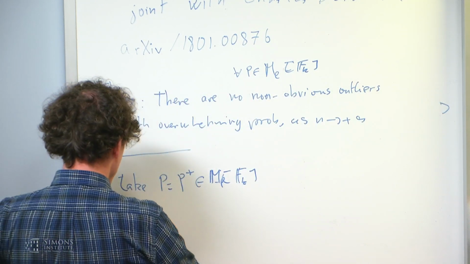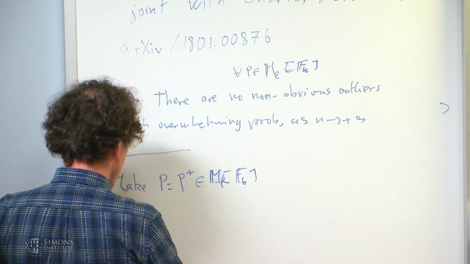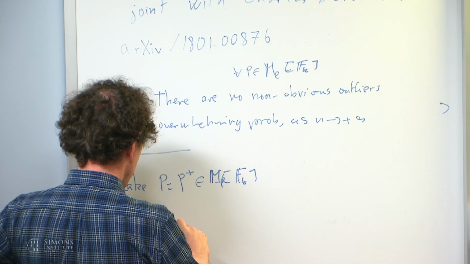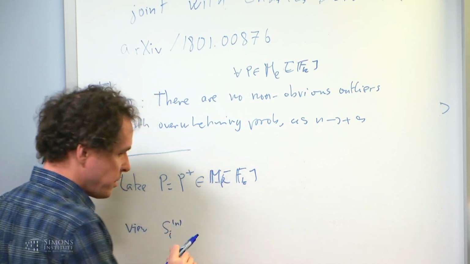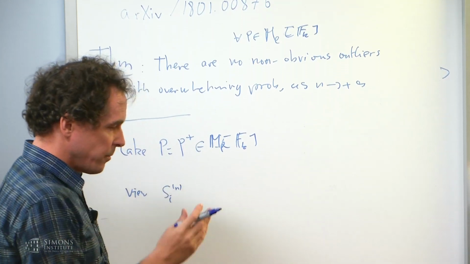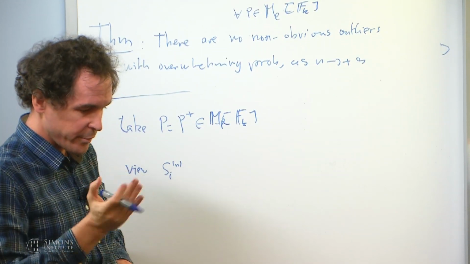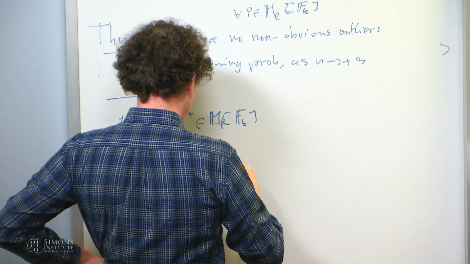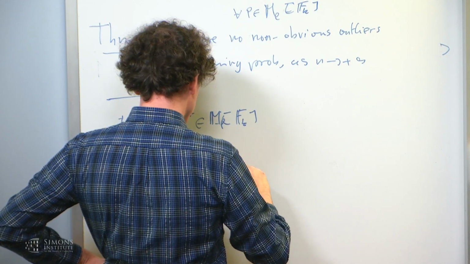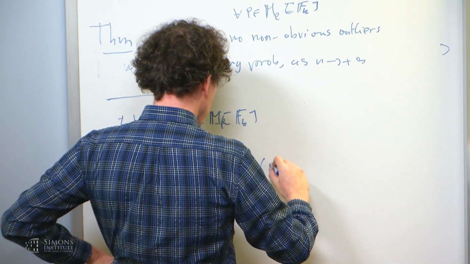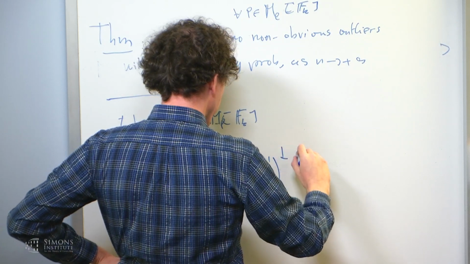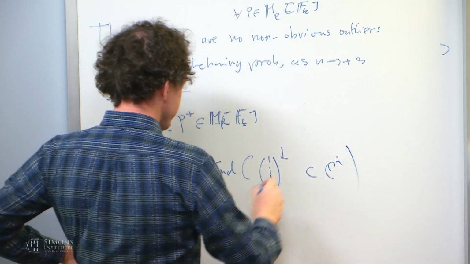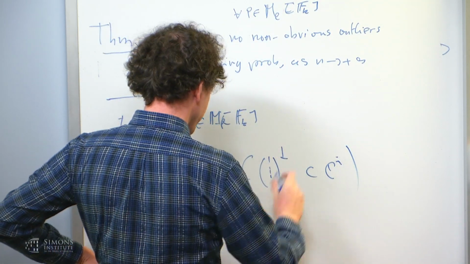We are going to view S i n not anymore as acting on C to the n, but on the orthogonal of the Perron-Frobenius vector. So they are acting as endomorphisms of the orthogonal of the Perron-Frobenius vector.